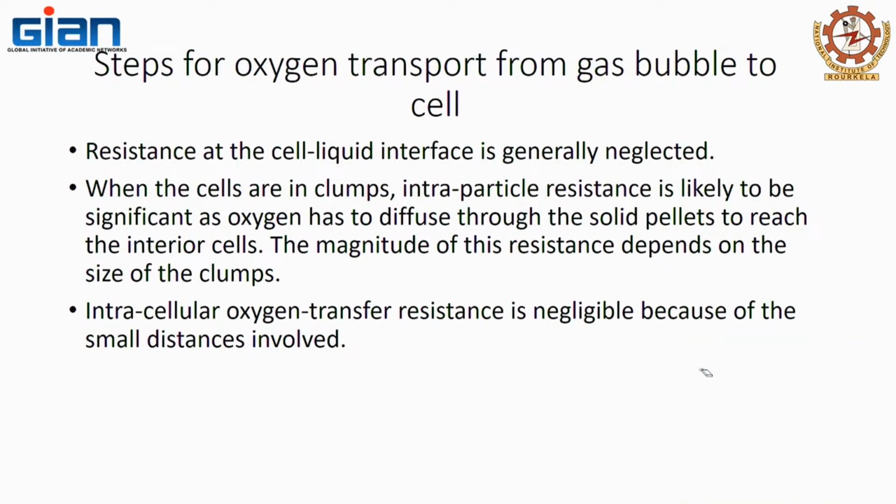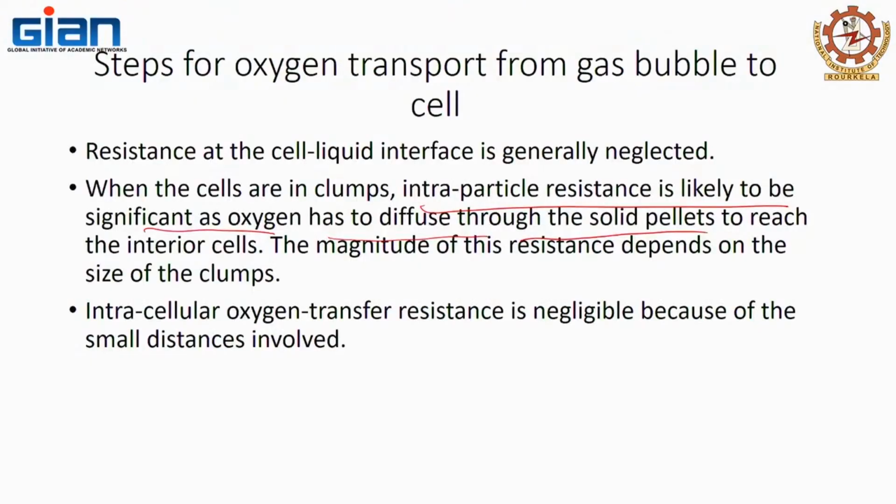When the cells are in clumps, intraparticle resistance is likely to be significant, as oxygen has to diffuse through solid pellets, from one cell to another cell, to reach the interior cells. The magnitude of this resistance depends on the size of the clumps. Larger the size, more the resistance. Smaller the size, less the resistance. Intercellular oxygen transfer resistance is negligible because of the small distance involved. We don't consider that resistance when we are trying to estimate the movement of oxygen, because it's not too big, like, what is the size of a micro?